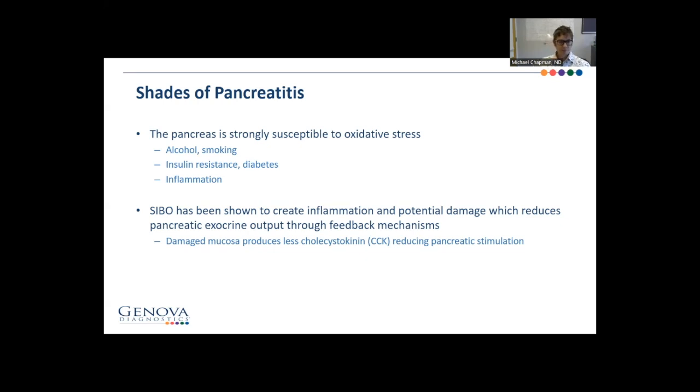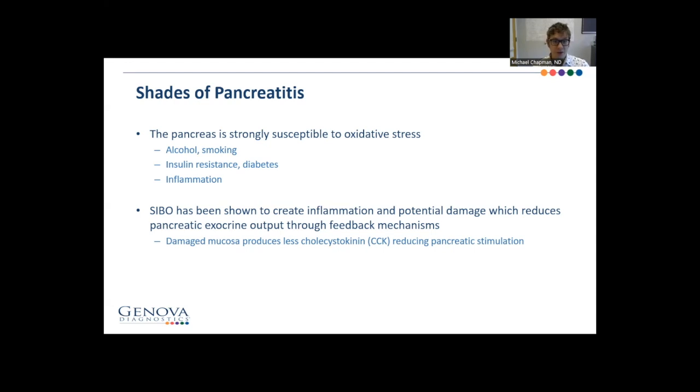One interesting thing about the SIBO that I just mentioned in pancreatitis and pancreatic insufficiency is that SIBO creates an inflammation and damages the mucosa of the GI tract, which through a feedback mechanism leads to less cholecystokinin, which reduces that pancreatic stimulation.